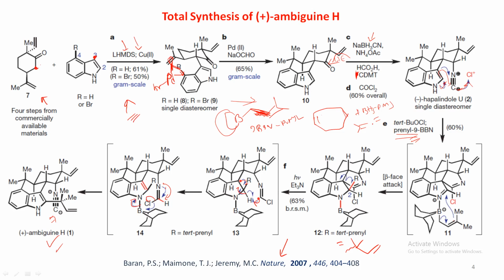And this is a Heck-type annulation, quite well known, then reduction and tert-butyl hypochlorite inverse. You can see they achieve this complex molecule in only five or six steps. One of the selling points is that no protecting group is used. So that's the total synthesis of ambiguine.